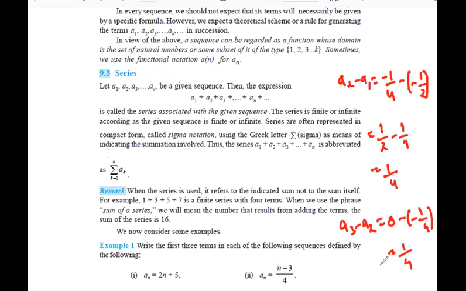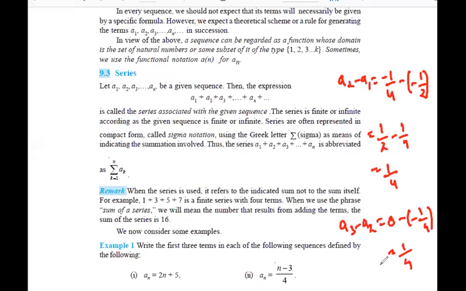It is constant. Yes or no? So obviously if it is constant, then obviously it is in AP.